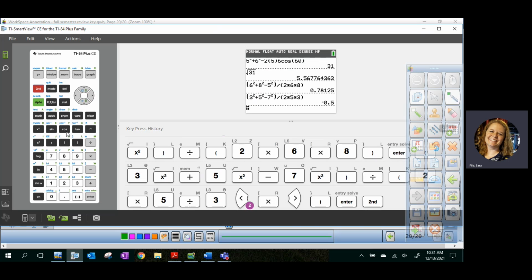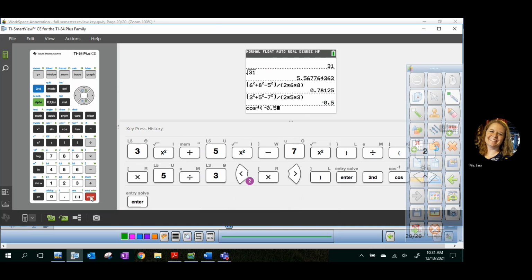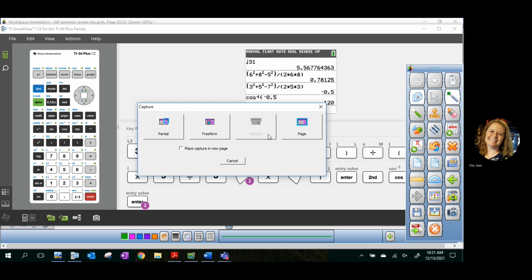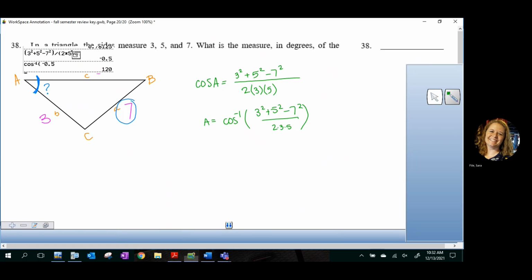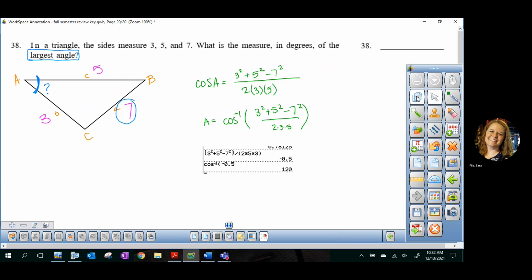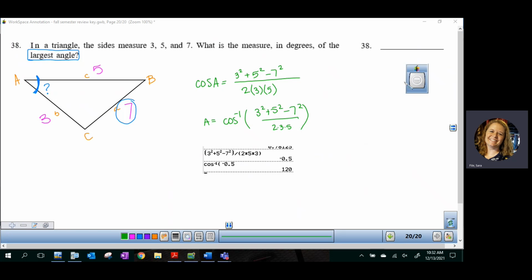Okay, and then I do inverse cosine. No rounding necessary. This came out to an exact angle, 120 degrees.